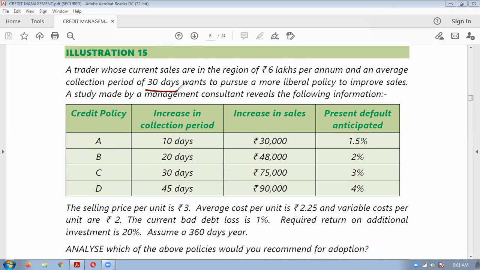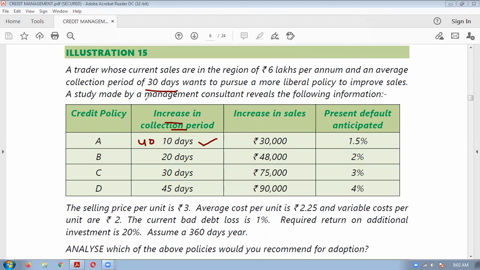Now we have to see 4 new policies are given. This is the proposed policy A, B, C, D. Increase in collection period: he is thinking of increasing it by 10 days. So already 30 is there, so the new collection period will become 40.